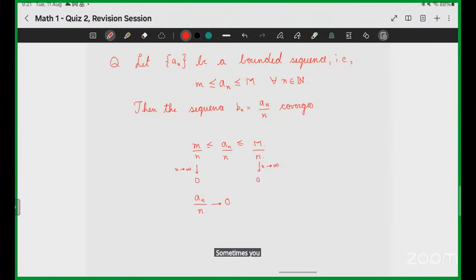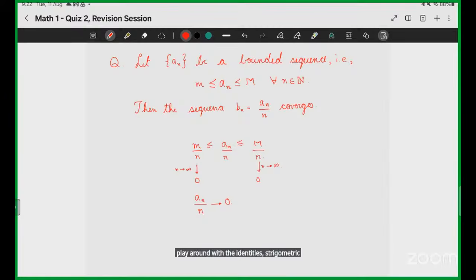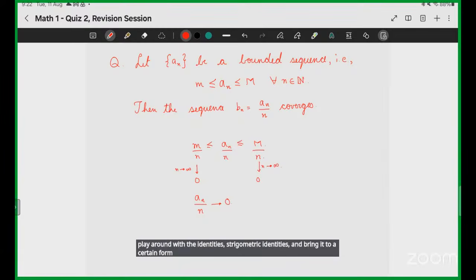Sometimes you'll have to convert a given trigonometric expression using the laws of trigonometry that you know, sine 2x is 2 sine x cos x, and so on. Sometimes there is an expression which involves a lot of trigonometric terms, and then you have to carefully play around with the identities and bring it to a certain form where some part of it can be solved by sandwich and some part will just go to 0, for example.